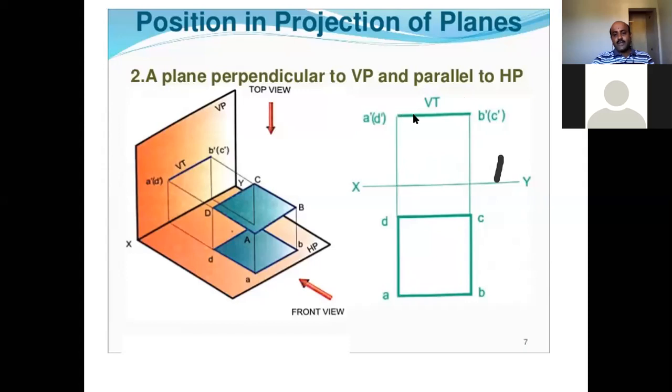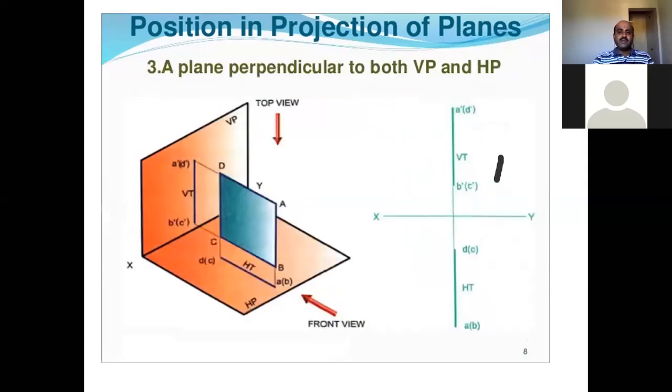See, the front view is a straight line, and in the top view we are getting the square ABCD of a given size. Just observe here again, D dash and C dash. These two are the points which are not visible in the front view, and hence they are represented in the form of a parenthesis. Clear? These are some of the things you can remember.